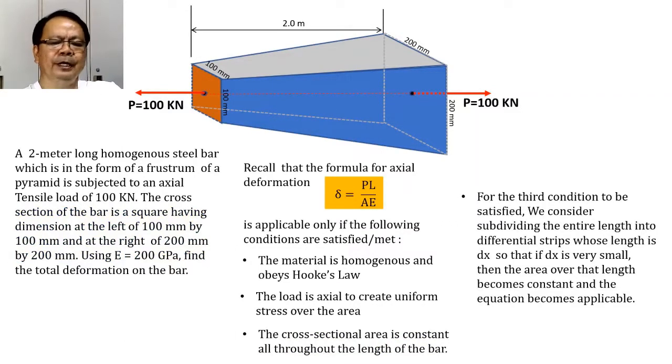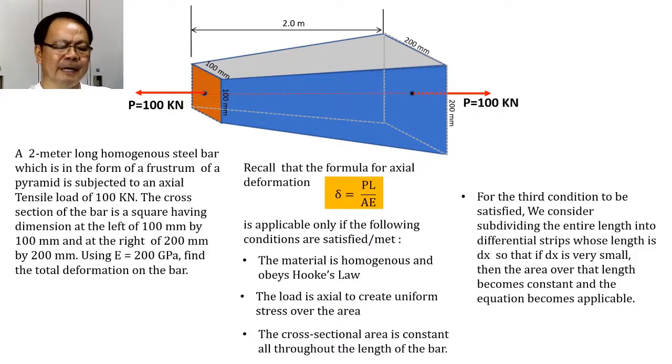And so for the third condition to be satisfied, we consider subdividing the entire length into differential strips, whose length is dx, so that if dx is very, very small, then the area over that length becomes constant and the equation becomes applicable.